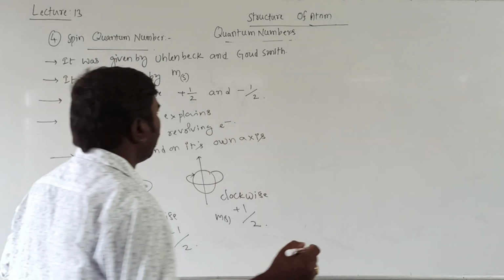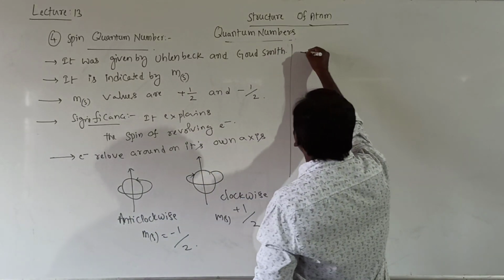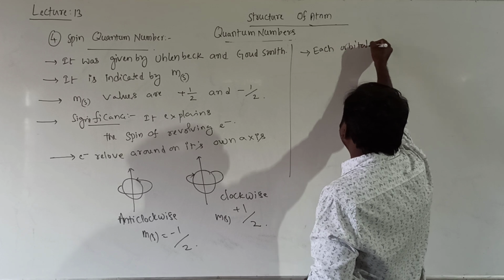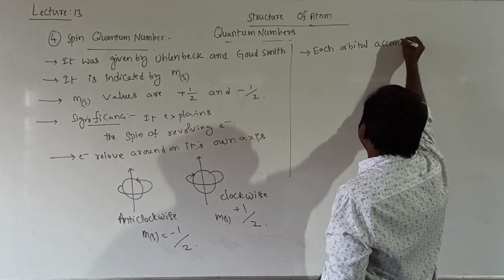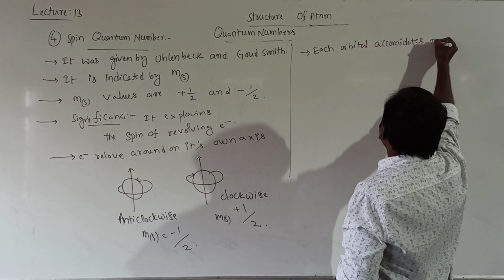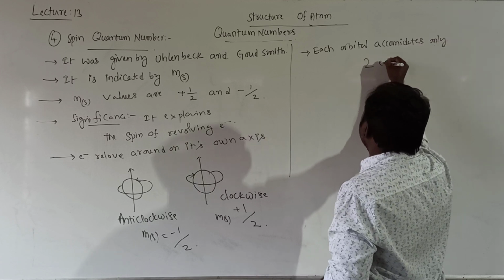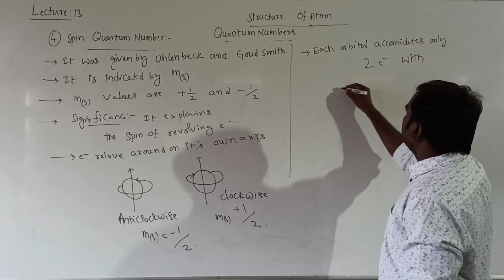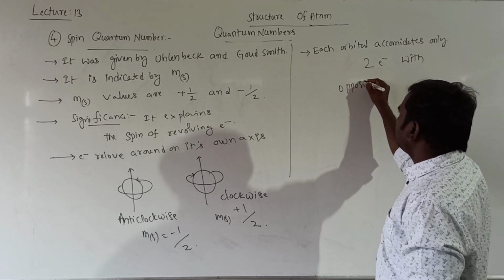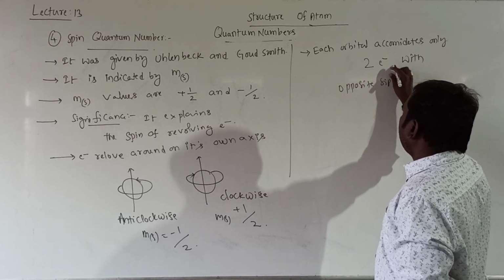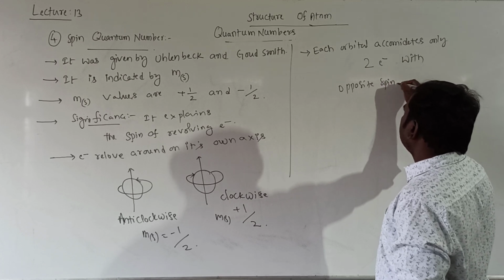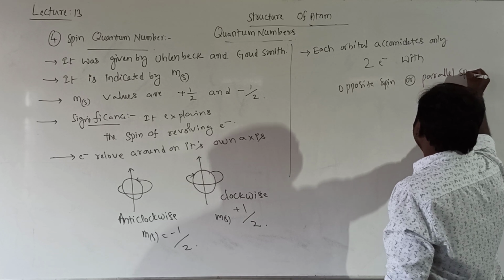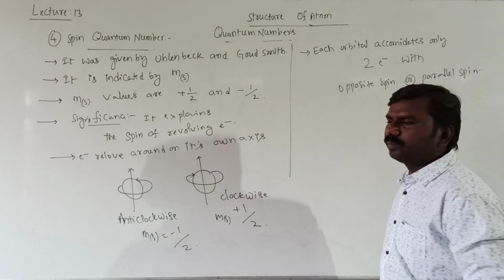Each orbital accommodates only 2 electrons with the opposite spin, or parallel spin, which means the same spin.